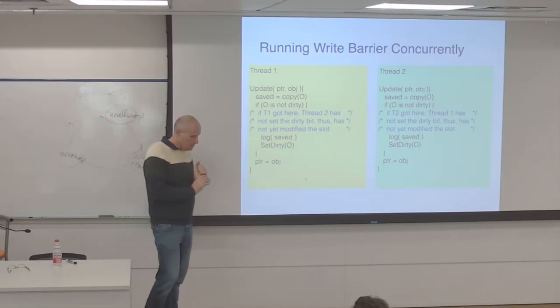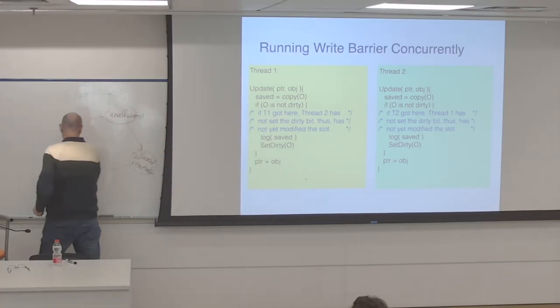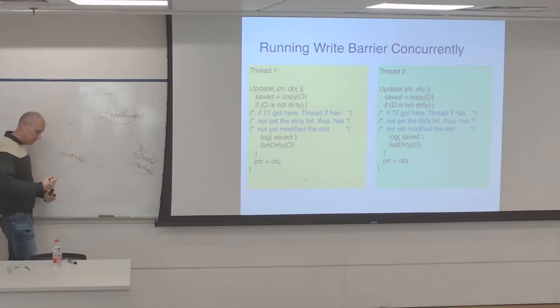Make sense? So let's look at how this buffer looks. You have a buffer where the objects put the logging, and this will have which object this is, and then its pointers, and then the next object.